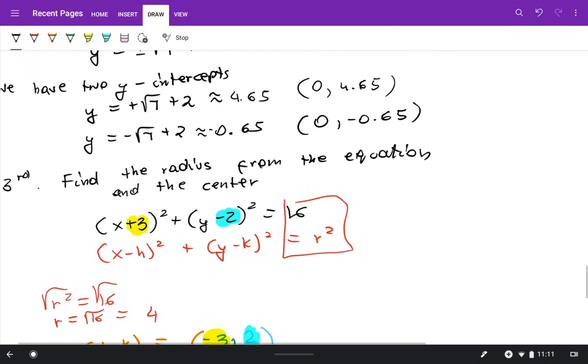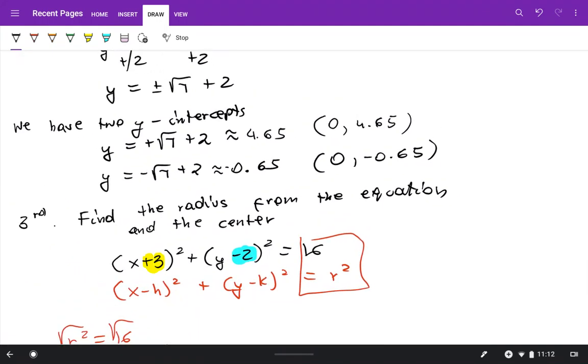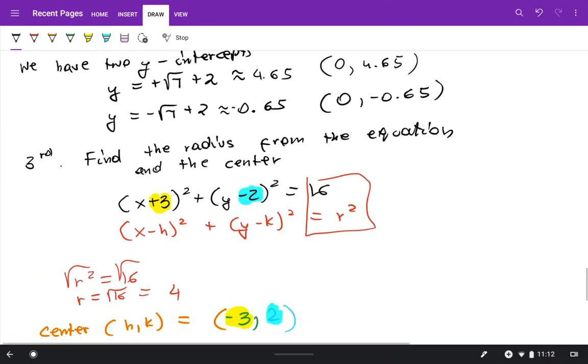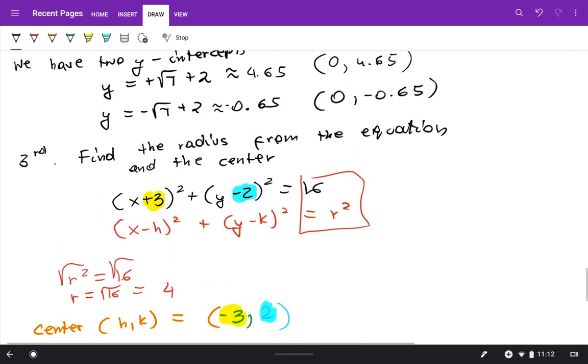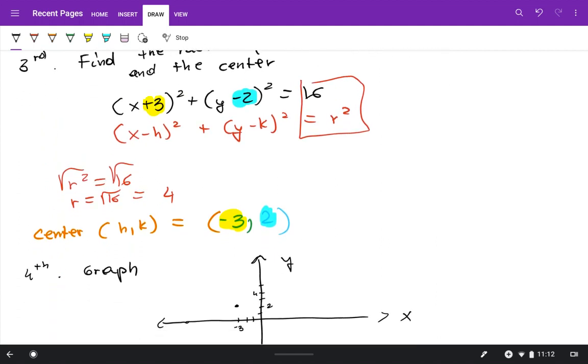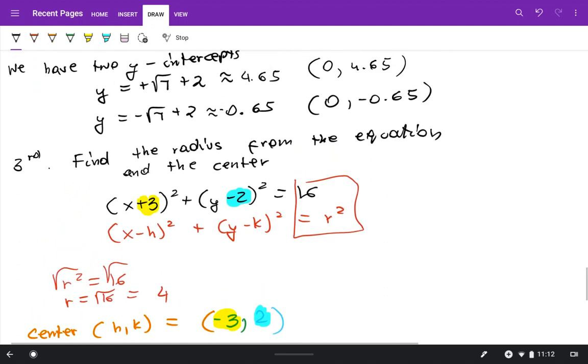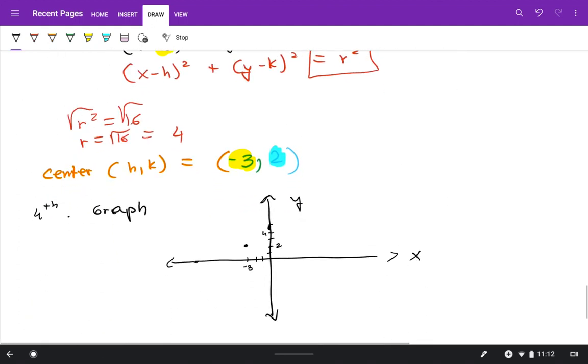I have two y-intercepts. (0, 4.65), so 0, 2, 3, 4, 5. So this is 4, this is 5, 4.65, somewhere here. The second y-intercept is (0, −0.65). So this is negative 1, so somewhere here.